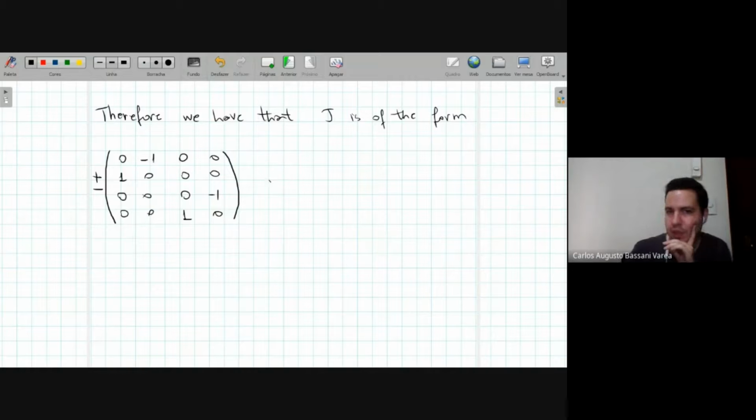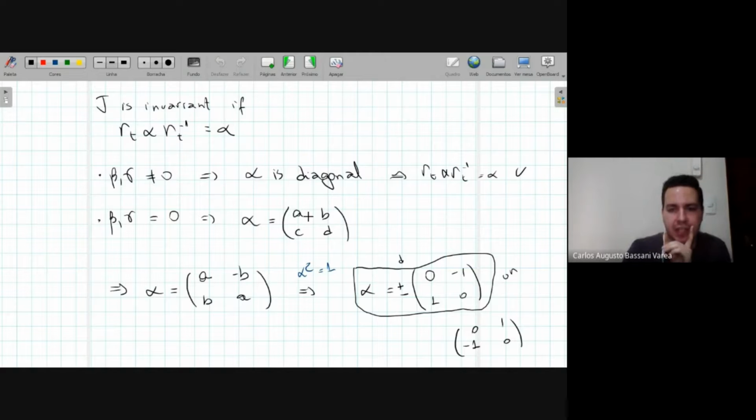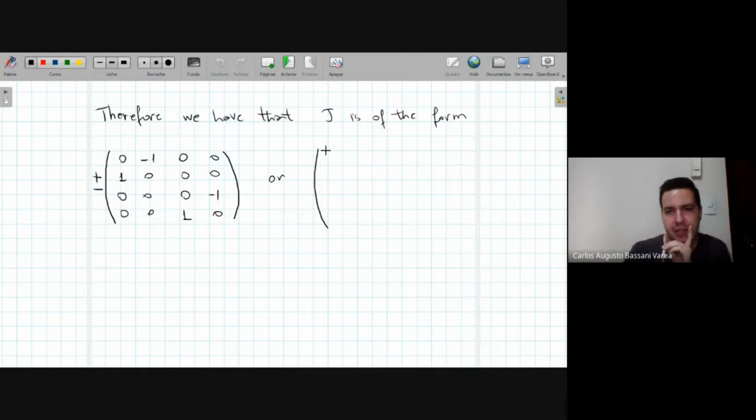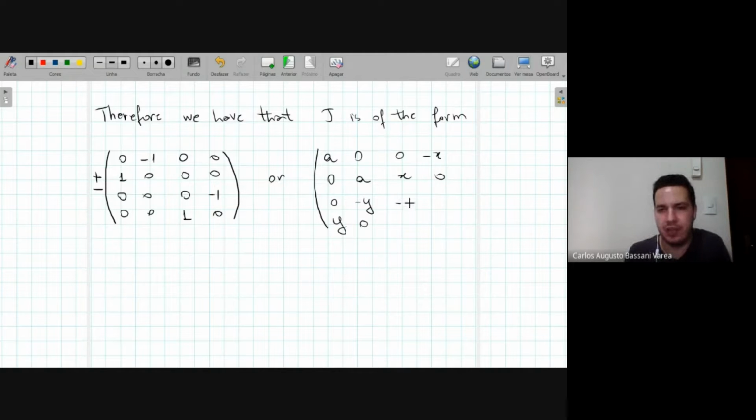Or when beta and gamma are non-zero, we have that alpha is a diagonal matrix, so it's A, 0, 0, A. Beta is skew symmetric, so it's 0, minus x, x, 0. Gamma is also skew symmetric. And here we have minus the transpose.